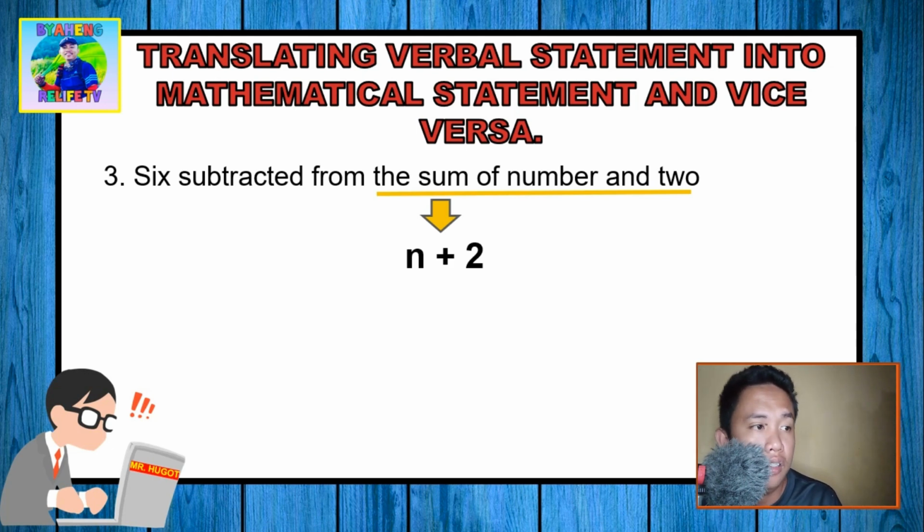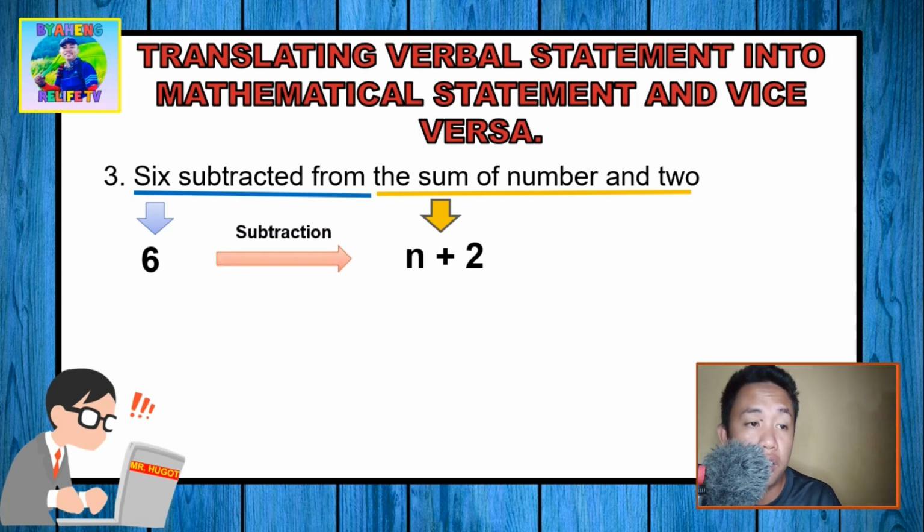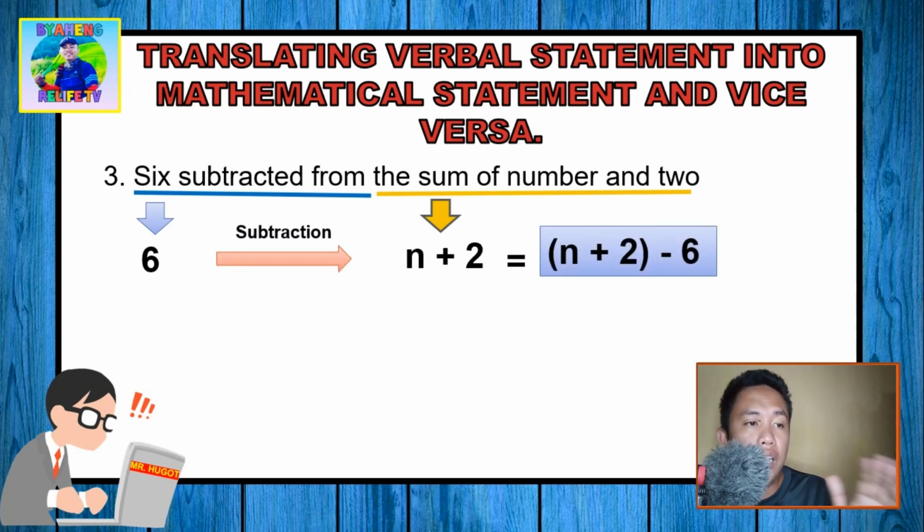Tapos the word na subtracted from 6. Since subtracted from ang ginamit, may siyang n plus 2 minus 6. Para ma-separate ko yung word na sum sa subtraction, nalagyan ko siya ng parenthesis, and that will make our expression.